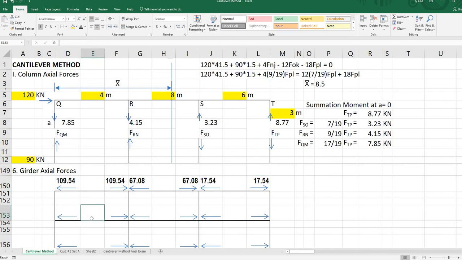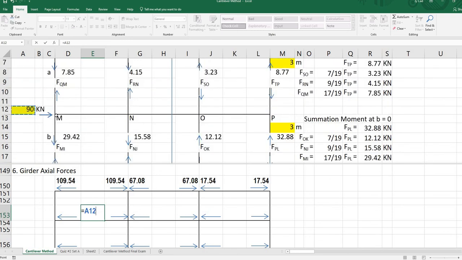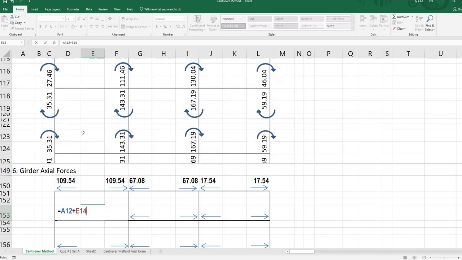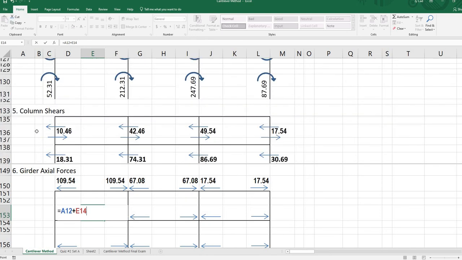Okay, next, dito tayo ngayon sa level below. So this is equal to yung column shear tsaka yung 90. Huwag mong kakalimutan yung 90, it is acting at this node, which is also this node. Okay, so i-add na natin yan. So si 90 plus dito sa step 5 column shear na 10.46.